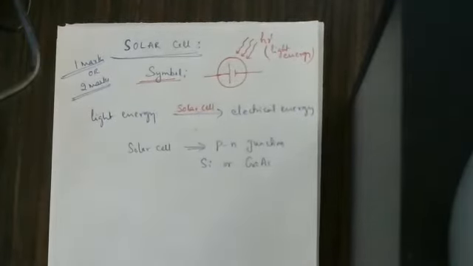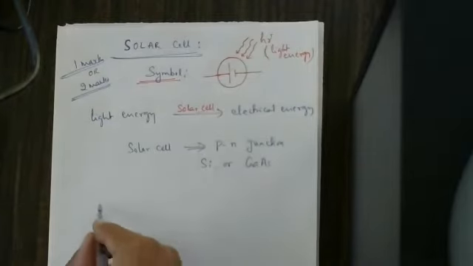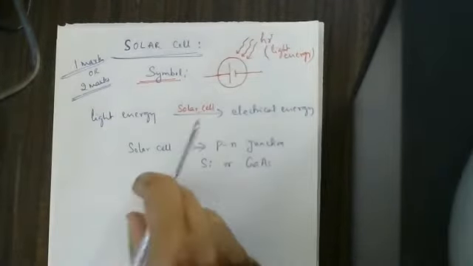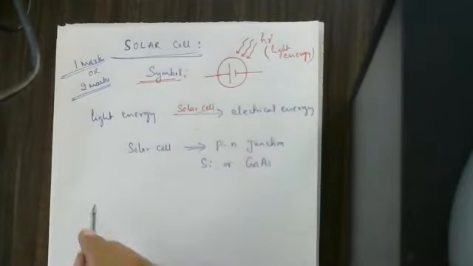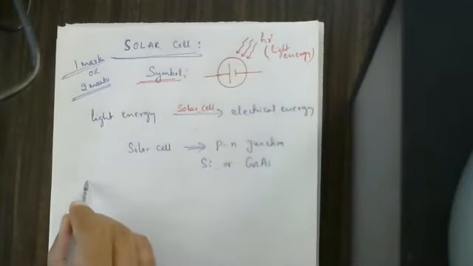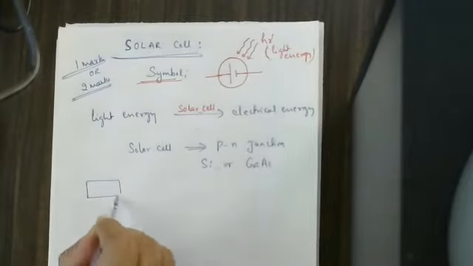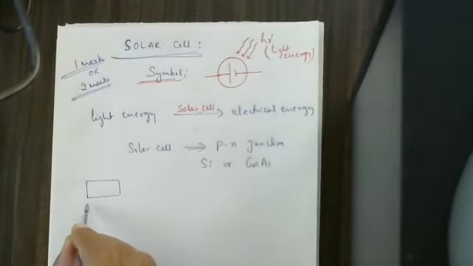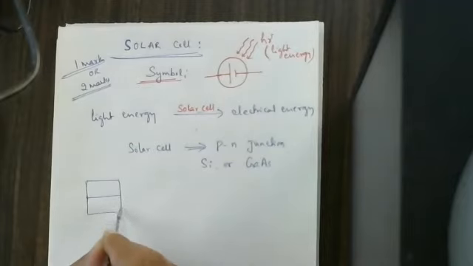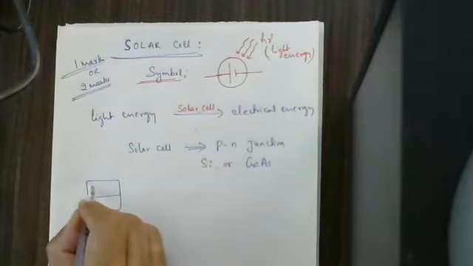For example, let us consider this is the P variety above, and below that there is an N variety. This is the N variety and this is the P variety.